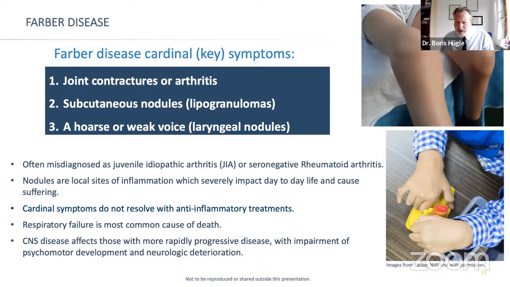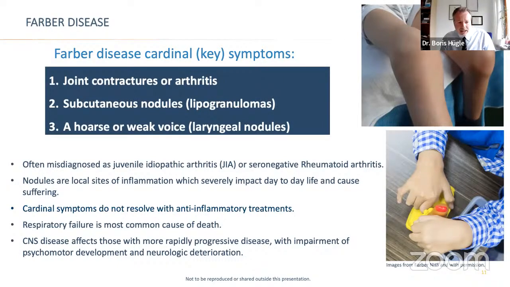Seronegative rheumatoid arthritis is, it must be pretty late, but usually we see these patients as JIA. And the nodules are more of a problem than you would actually expect. And patients do not really get better with anti-inflammatory treatments.